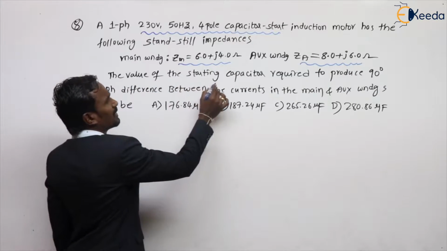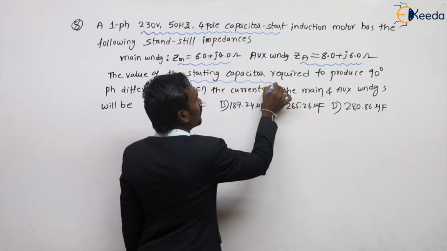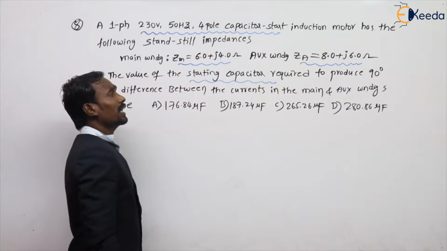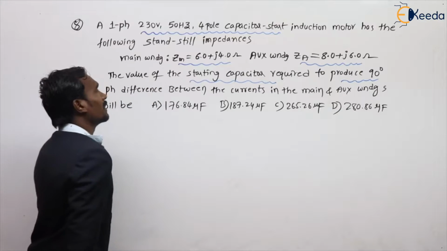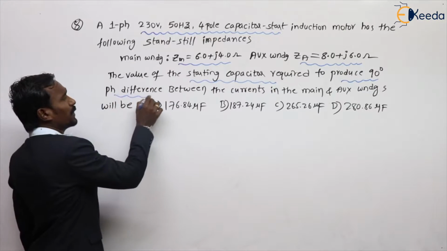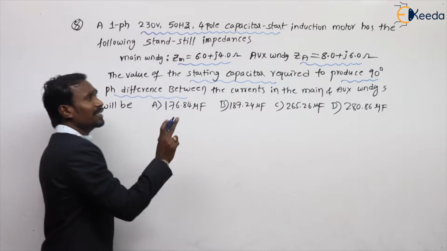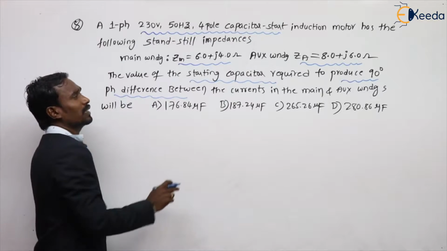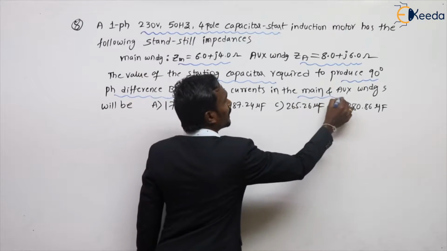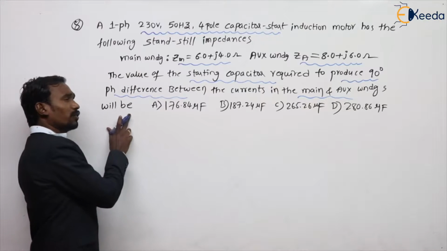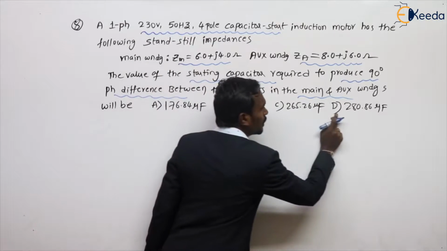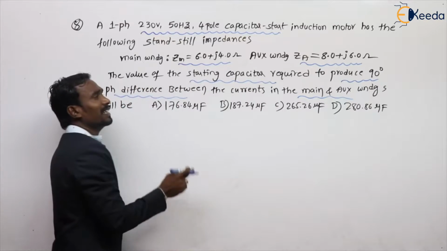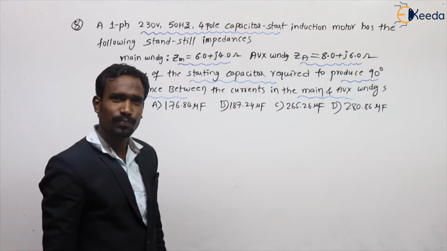The value of the starting capacitor required to produce 90 degrees phase difference between the currents in the main winding and auxiliary windings will be. How much capacitance we require to get the 90 degrees phase difference?